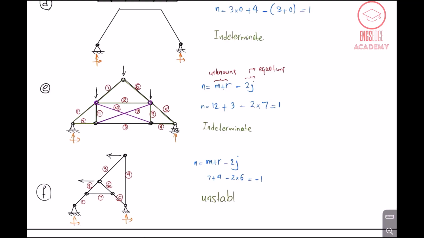Since the number of unknowns is less than the number of equations, this is an unstable structure.